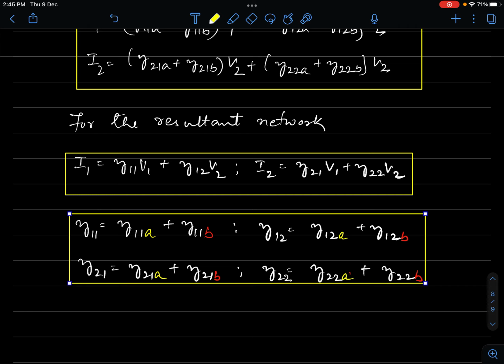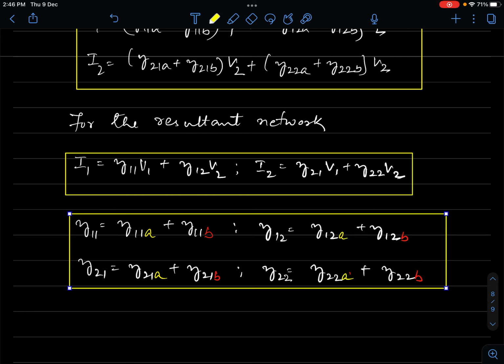That means if the two networks are in parallel, it should be easy to write the y parameters of the resultant network, because the overall y parameters are found to be equal to the sum of the y parameters of the independent networks.